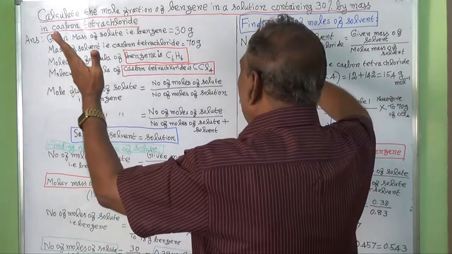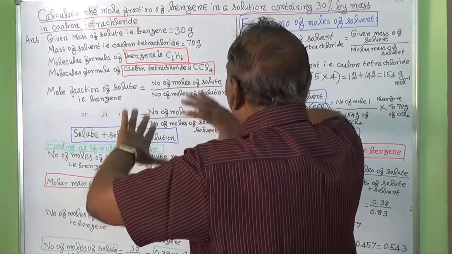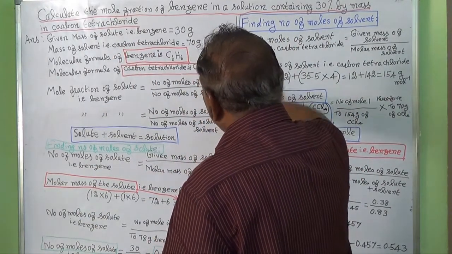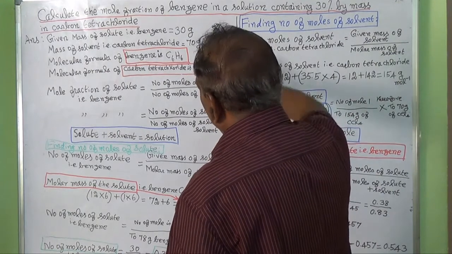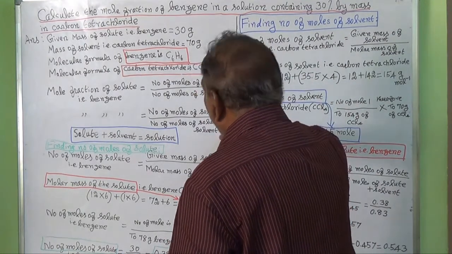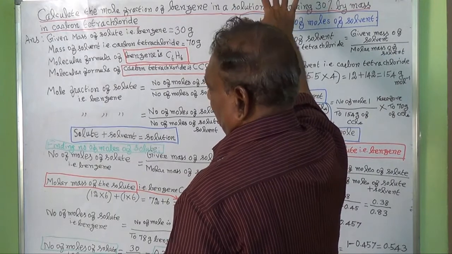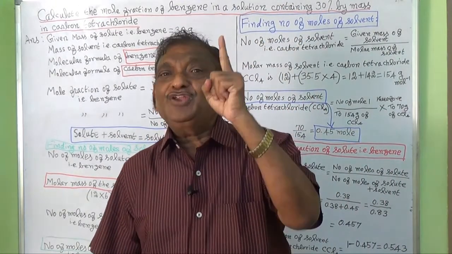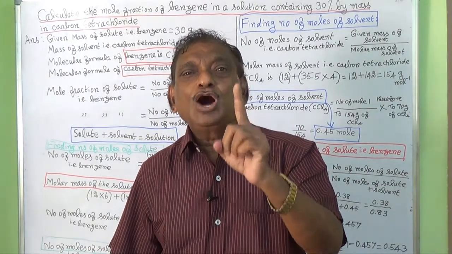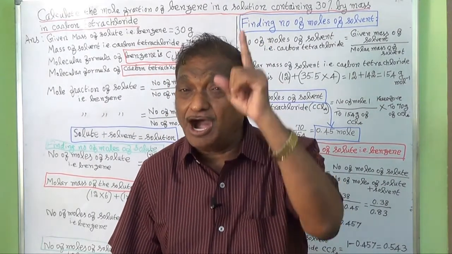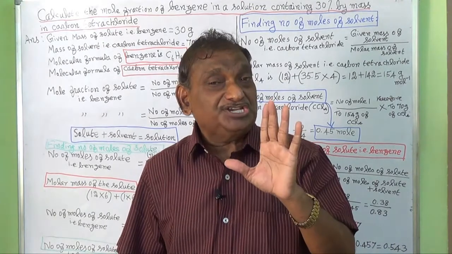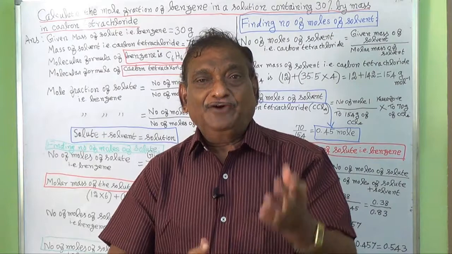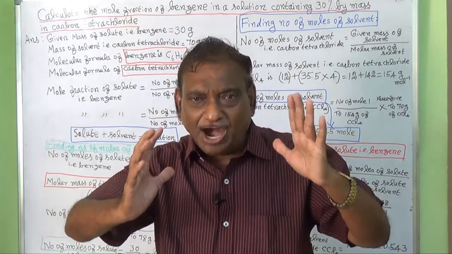In the sum, it has not been given directly. We have to find the number of moles of solute as well as the number of moles of solvent from the given information. We know that from one equation we can find the value of only one unknown data. What is the condition? Subject to the condition that we know the values of all other data.